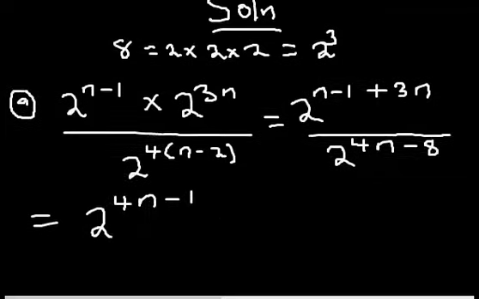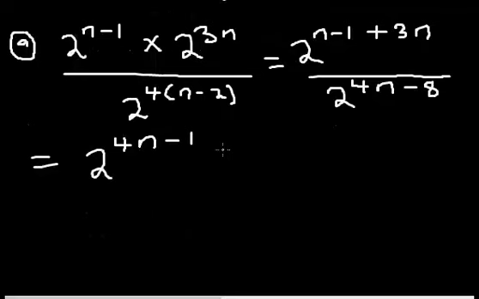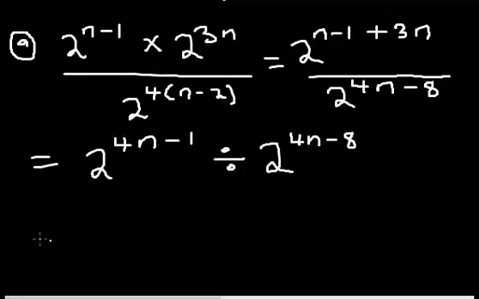Then of course divided by 2 raised to power 4n minus 8. So at this point now I can apply the other law. So what's the other law? The difference law, because of the division now. So I have 2 raised to power 4n minus 1.